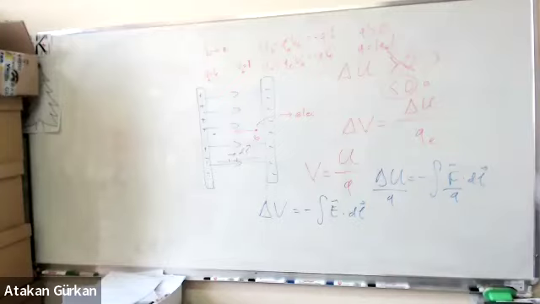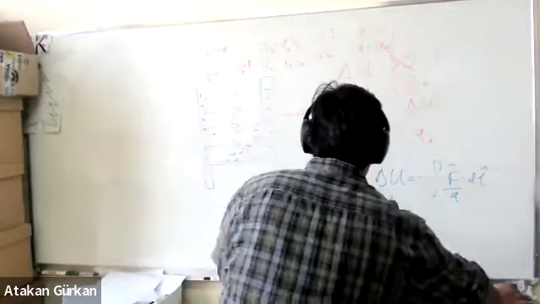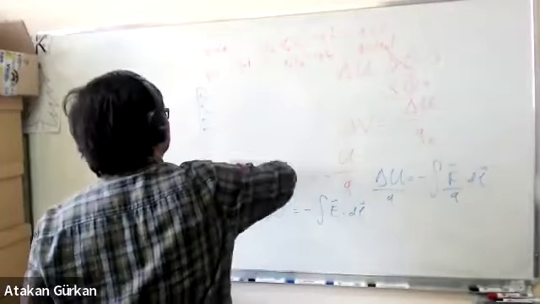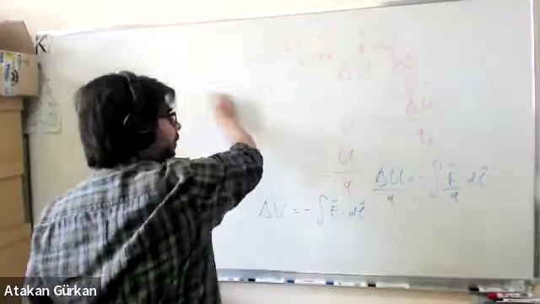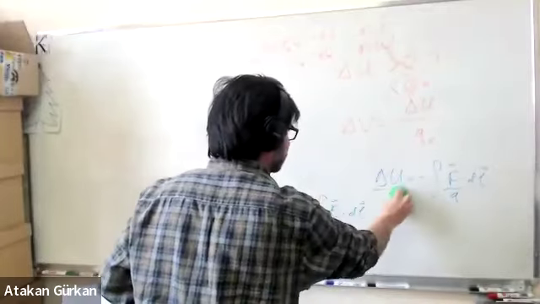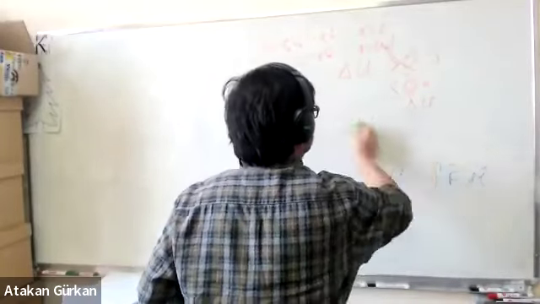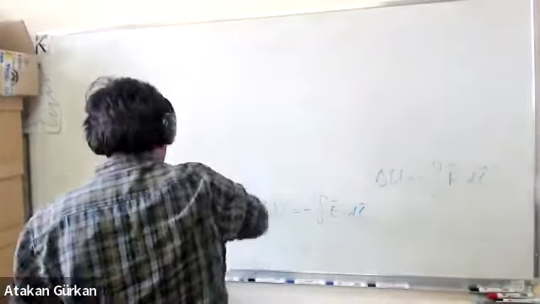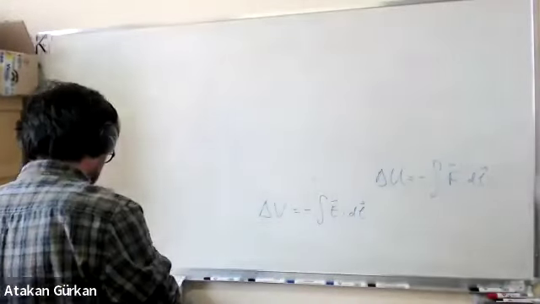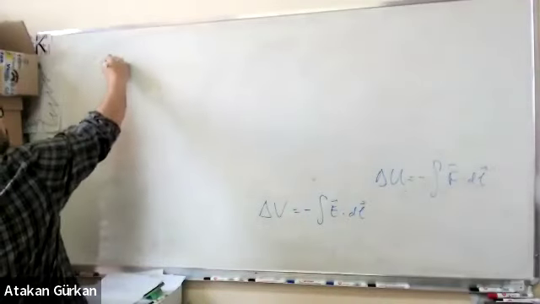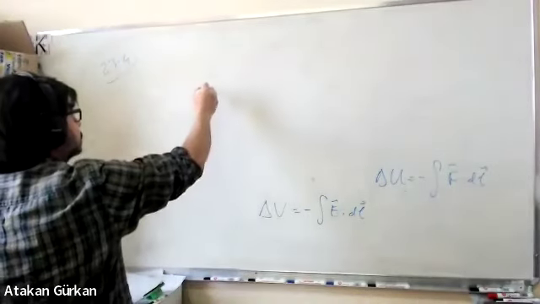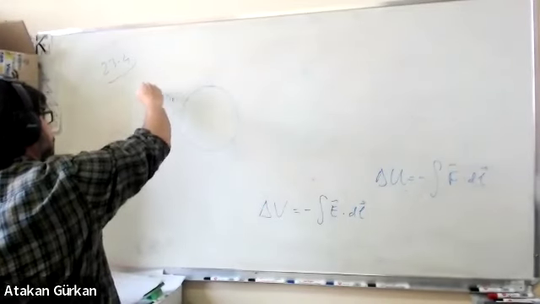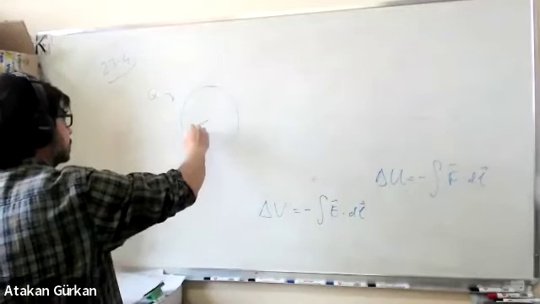Okay, so let's try this. So we're going to utilize this, and we're going to make some analogy with this one. So we have a charged sphere with some charge Q and some radius R0.